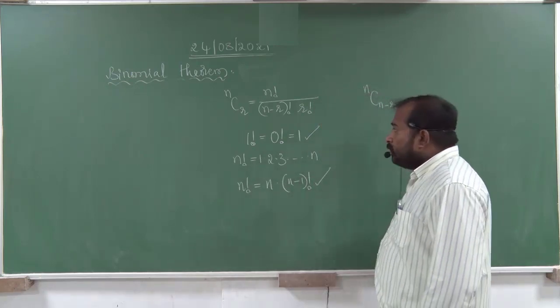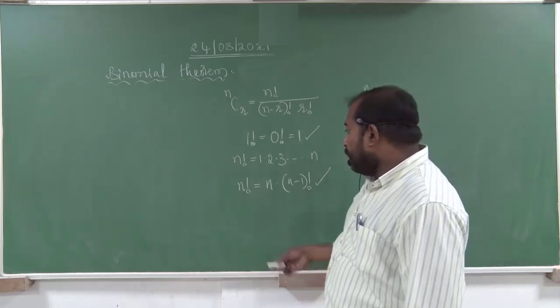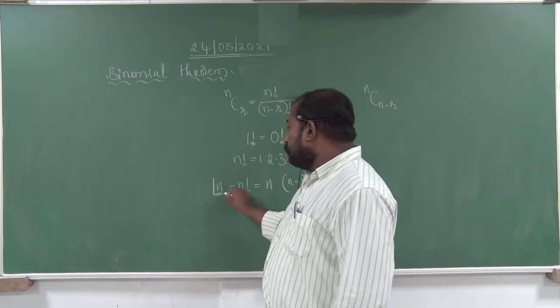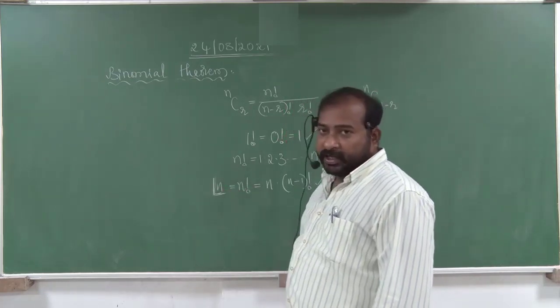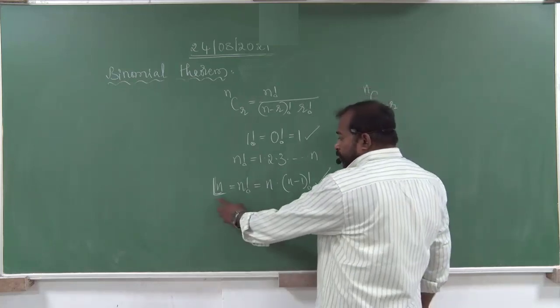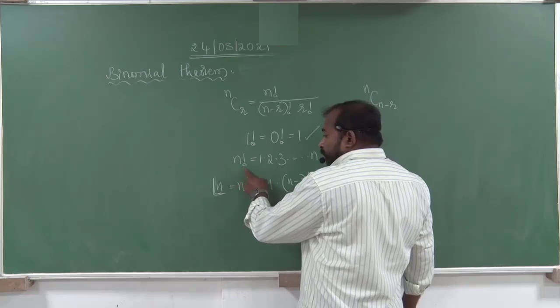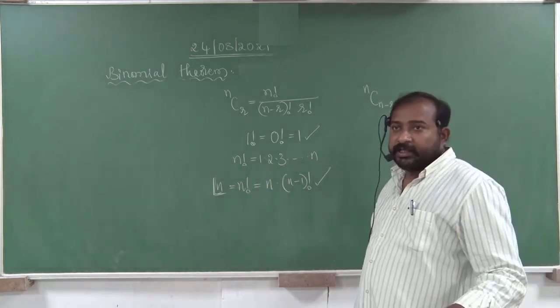All these are properties related to factorial. They may mention n factorial like this also. Don't be confused: this is called factorial n, or named n factorial. The value of n factorial is given by the product of the first n natural numbers.